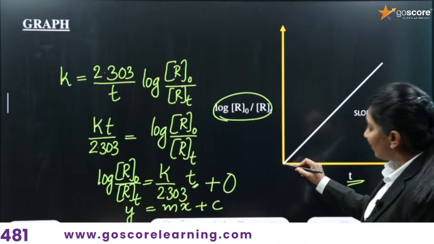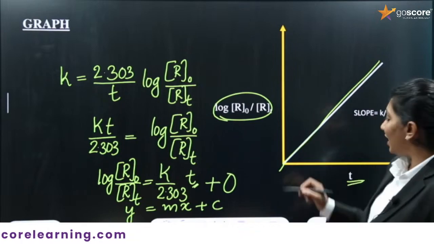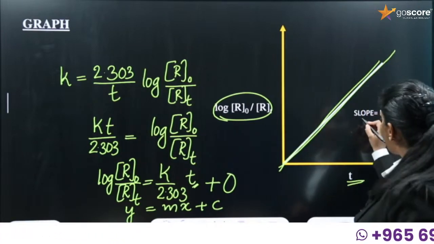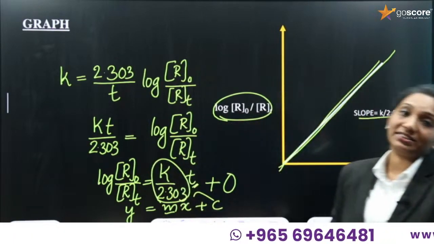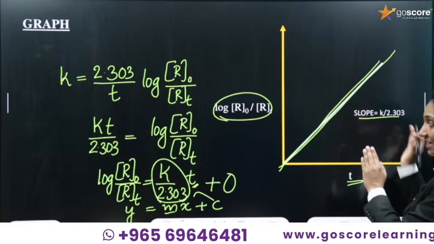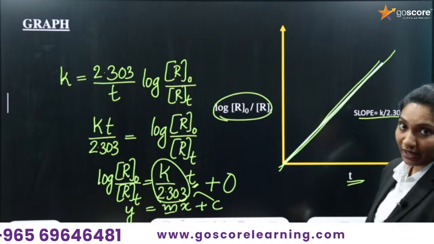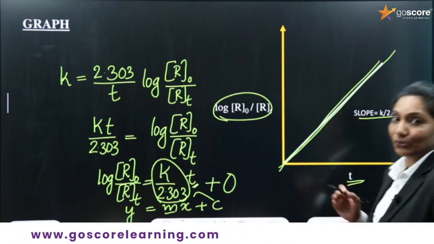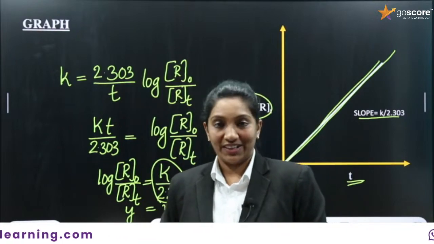That means we will get a straight line which passes through the origin. So your line will be like this, the line passing through the origin with a slope. What is the slope? It is K by 2.303. Whenever you get a graph like this, passing through the origin, with log R0 by RT on the y-axis and time on the x-axis, then you should know that this is the graphical representation of a first order reaction.